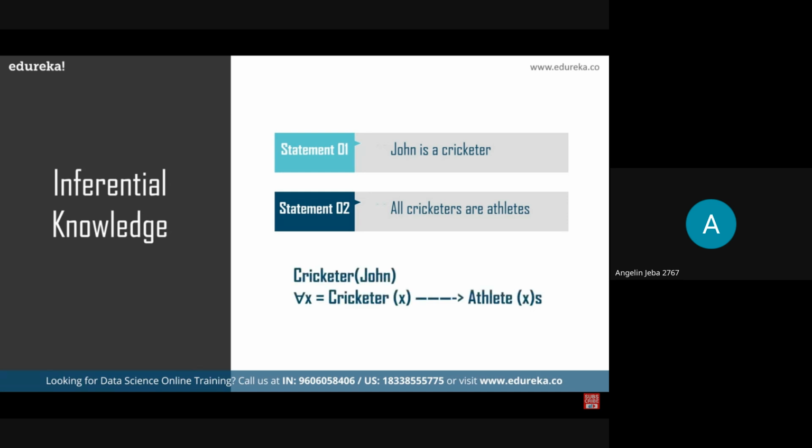So you can also represent this as cricketer, who is John, and give the relationship as cricketers are athletes. So here you are checking out the relationship between John, cricketer, and athletes. And also this helps you and guarantees correctness in your relationship. So this is the final approach, which is the inferential knowledge. And these were some of the important approaches along with their examples that you need to know for knowledge representation in AI. With this, we have come to the end of today's session.